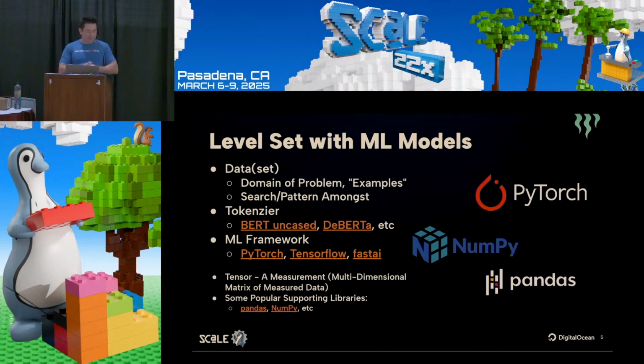And we're going to use the first one, which is BERT uncased. BERT is a natural language model that came out of Google, and it's case insensitive, and it's basically trained on the English language. There's a whole bunch of other ones that are language agnostic, where it works on multiple languages. But this is a great simple one to start with to tokenize or break down your sentences into single words.